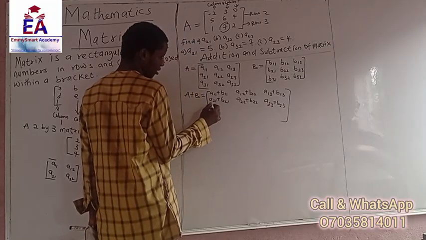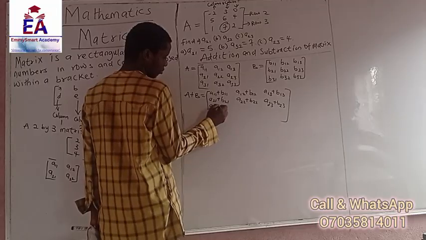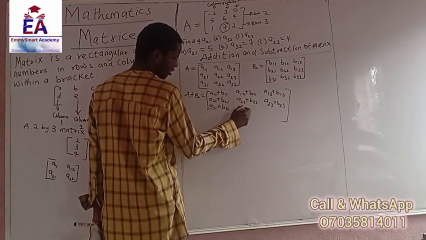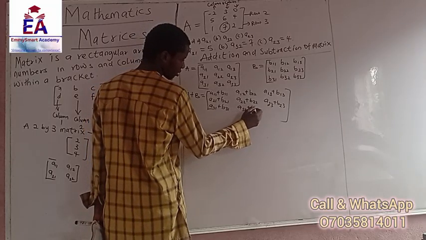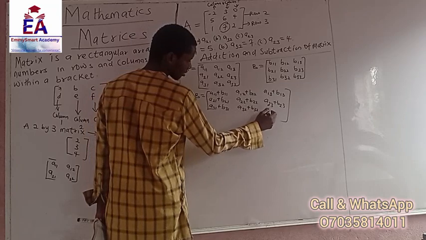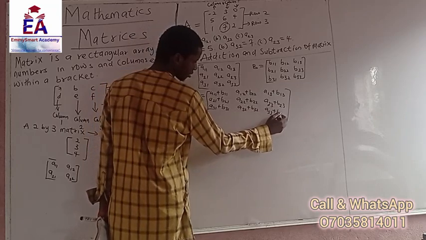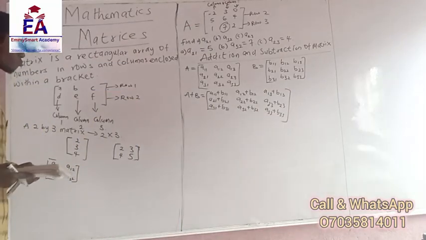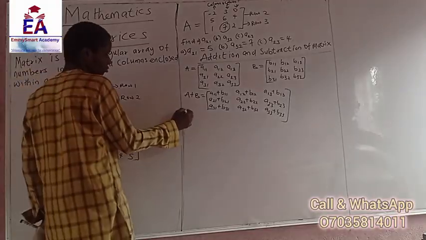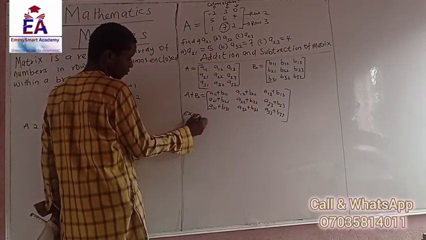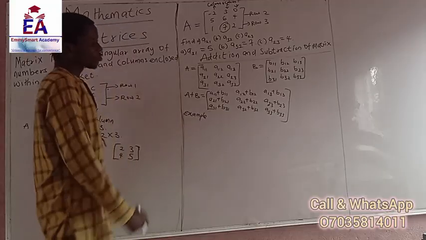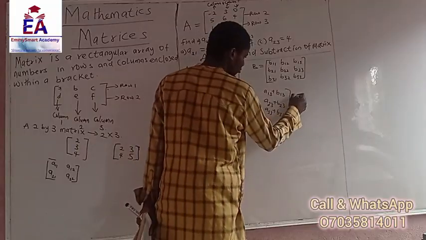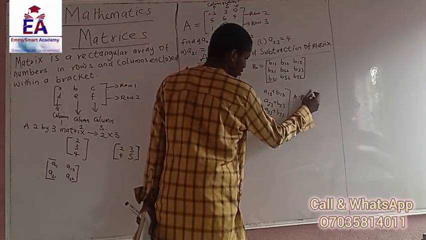So finally A31 plus B31, A32 plus B32, A33 plus B33. Okay, so that's basically what we do. Let's look at this example. The same thing happens for subtraction, right? So A minus B will be the same thing.